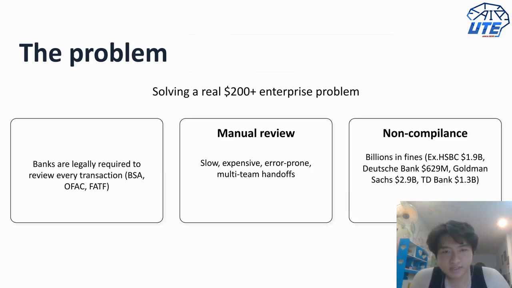According to a McKinsey study, banks globally invested approximately $214 billion on financial crime compliance in 2020, and in the US alone, a 2024 LexisNexis survey found that AML compliance costs exceed $60 billion per year, and global AML system spending is projected to reach $51.7 billion by 2028.